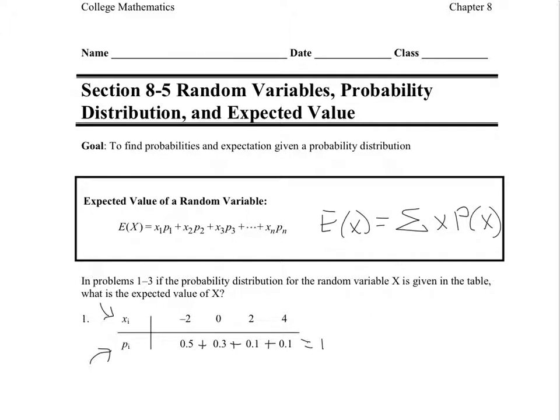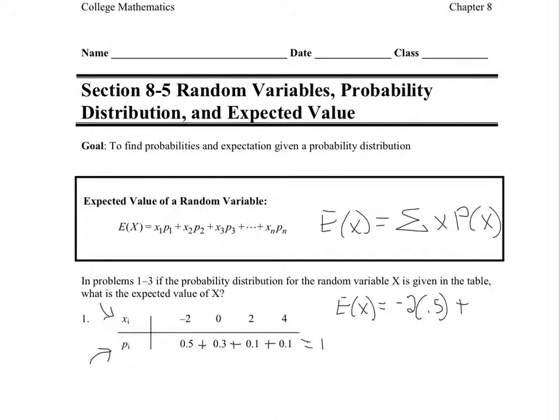I will tell you they're not going to be sneaky and provide us with something that is not the case, but you should be aware that if we've entered every possible outcome, then all the probabilities should sum up to be 1. If we were doing this problem manually, just using our formula, our expected value of X would be equal to: our first X value is -2, multiplied times 0.5.